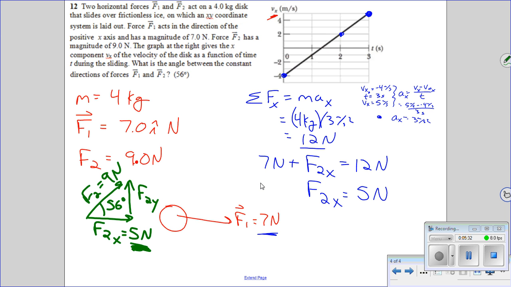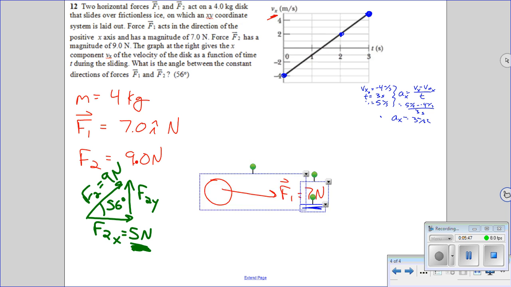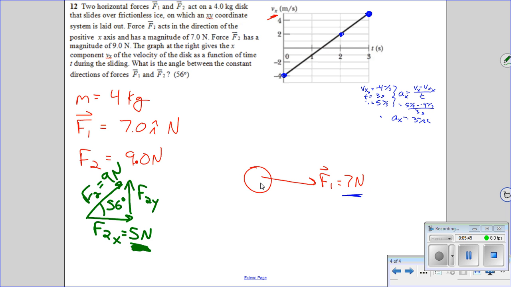So why is that the answer? Well, remember, F2 points at some angle, and we assumed arbitrarily that it's pointing upward, right? And we're looking for the angle between F2 and F1.